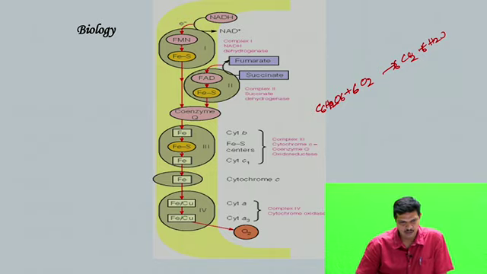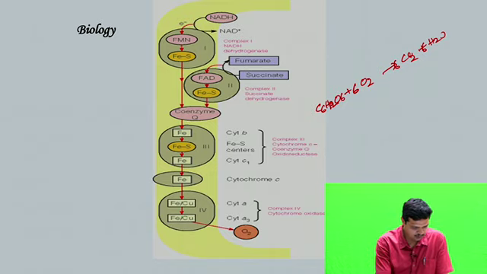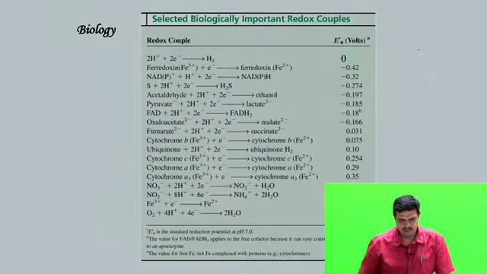For example, NADP+ to NADPH, and many metalloproteins, especially the iron-sulfur proteins, also involve redox chemistry. And these are a few redox couples.